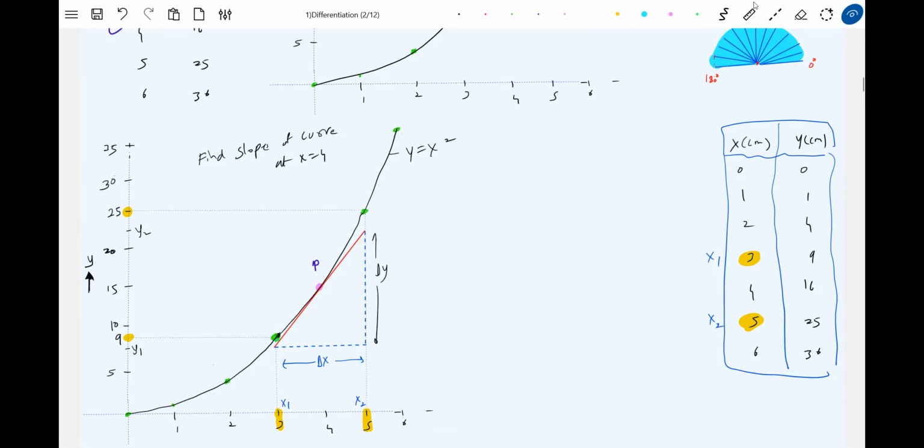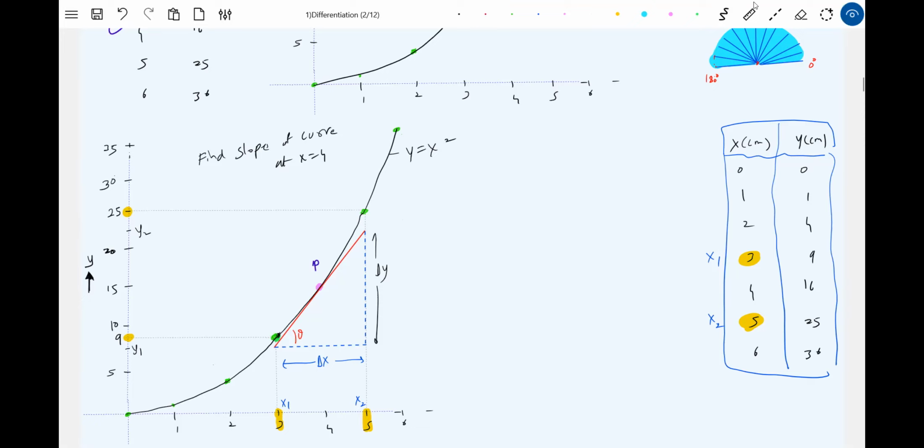So can you say this slope is delta y by delta x? The answer is no. The slope is not equal to delta y by delta x. Because first of all, we don't know y1 and y2.